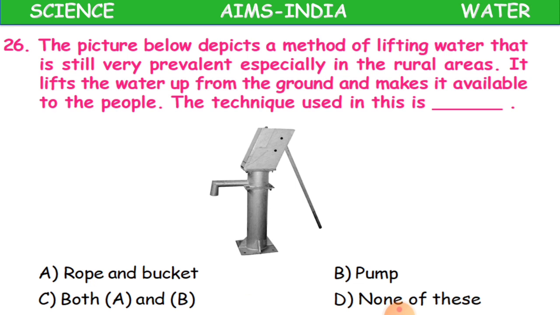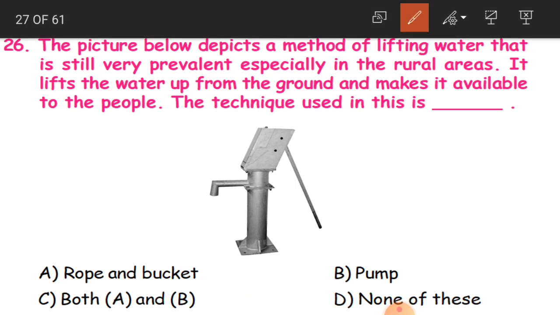The picture below depicts a method of lifting water that is still very prevalent, especially in the rural areas. It lifts the water up from the ground and makes it available to the people. The technique used in this is, okay, so here you have seen a water pump, that is a bore well, children, that is a bore pump.